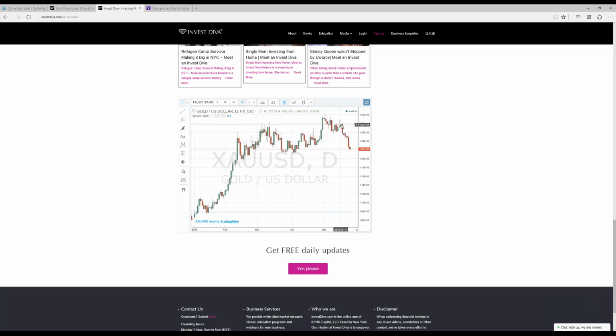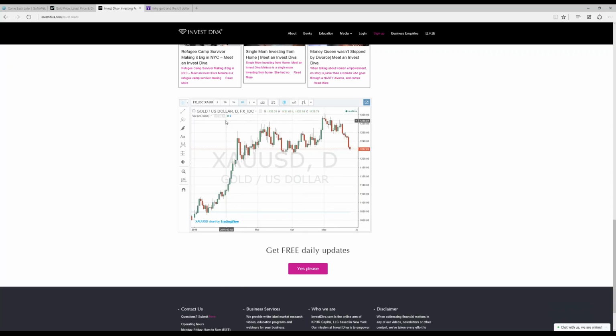Since this is the daily chart, since the beginning of May, we've started seeing the gold prices versus the US dollar going down, same as what we saw in the Aussie dollar.